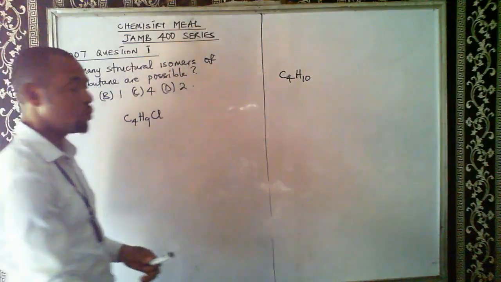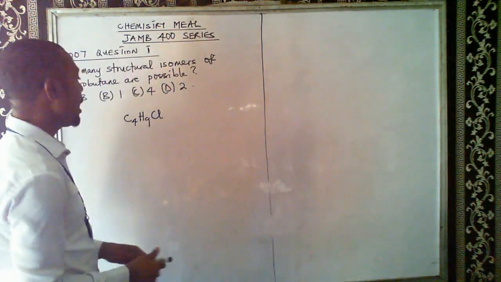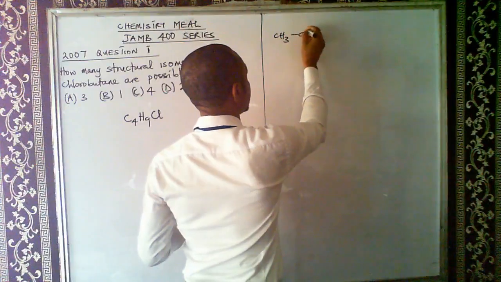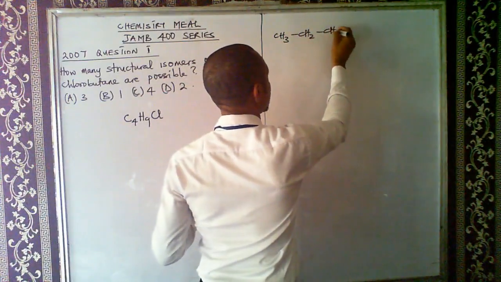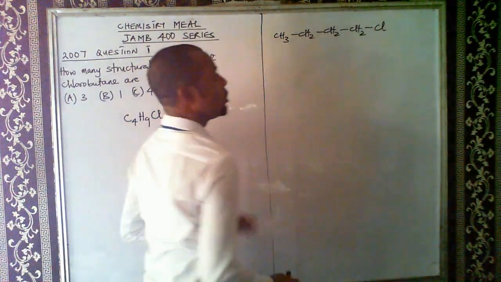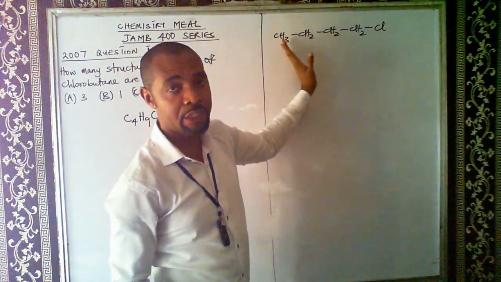Now, if we begin to draw the structure of chlorobutane to get the isomers, the first one will be this: CH3 to CH2 to CH2 to CH2, then to the chloro group. This is the first, that's the straight chain.